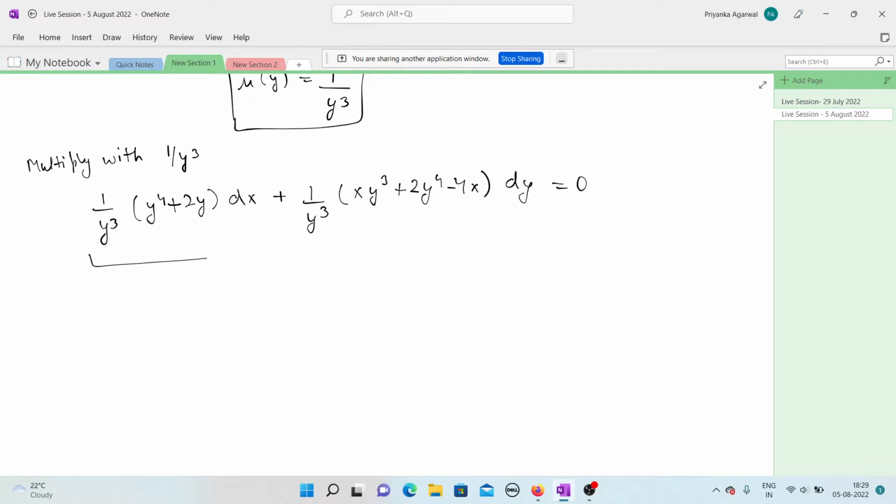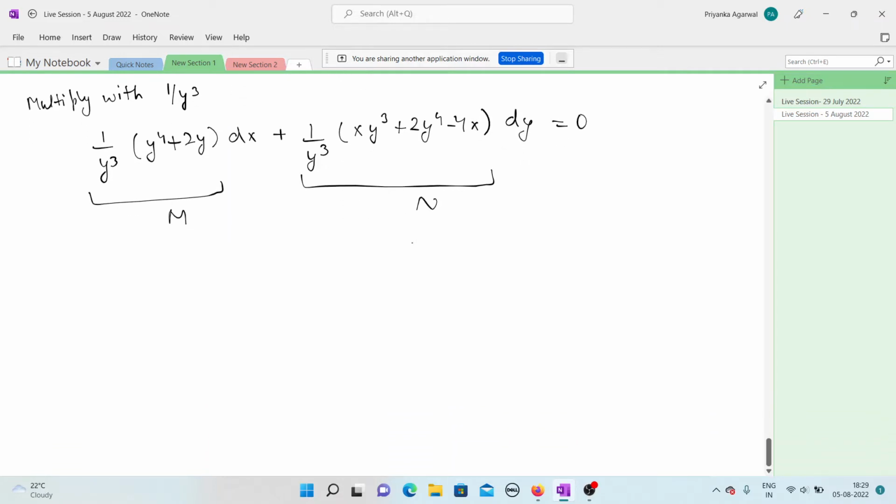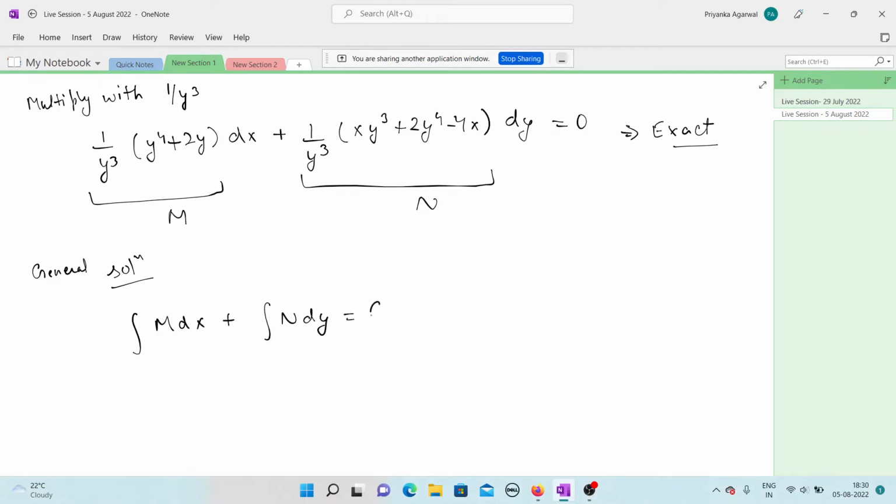Now this is your mu m and this is your mu n, and you can solve this equation because this is now exact differential equation. So the general solution will be integral of m dx plus integral of n dy equals to some constant.